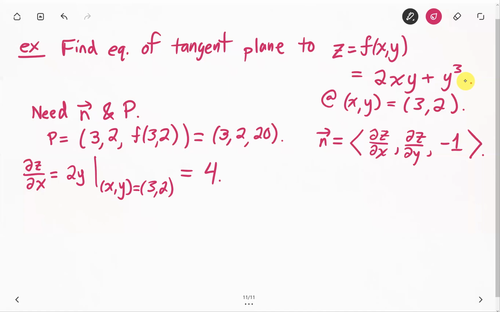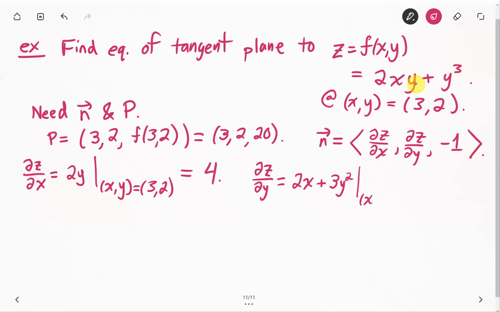Excellent. Next, let's calculate the partial derivative of z with respect to y. In this expression, this time we have y as the variable, and x is the constant. So I have a constant times y, and the derivative of a constant times y is that constant, plus the derivative of y cubed with respect to y, which is 3y squared.